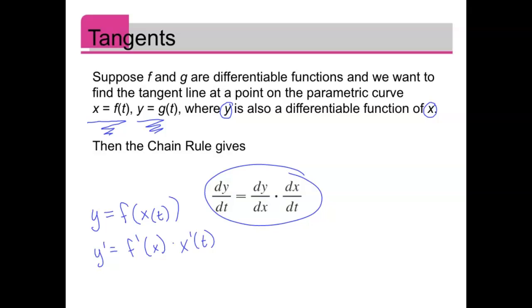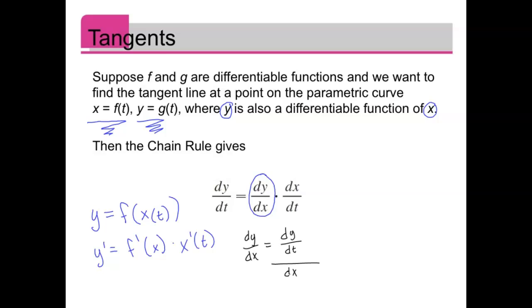Well, if we wanted to find the slope of the curve at a given point, what we're looking for is dy dx. So we just want to isolate that dy dx. To do that, we can just divide out the dx dt, and we'll end up with dy dx equals dy dt over dx dt.